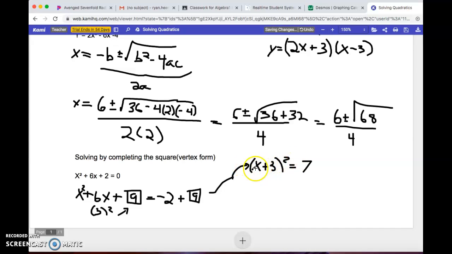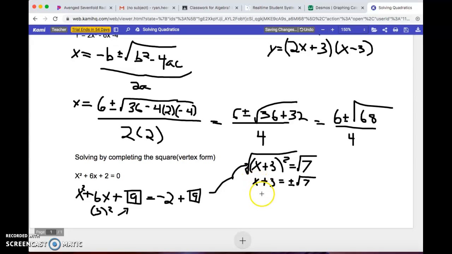Because it's squared, I can do the radical on both sides. So that cancels your square, so this is x plus 3. And the 7 on the right side will not reduce, so it stays as radical 7, but it does become plus or minus radical 7. Okay, so that's there. And we're almost done.